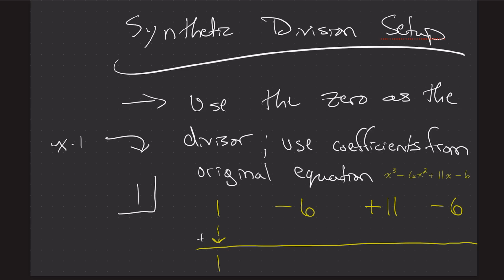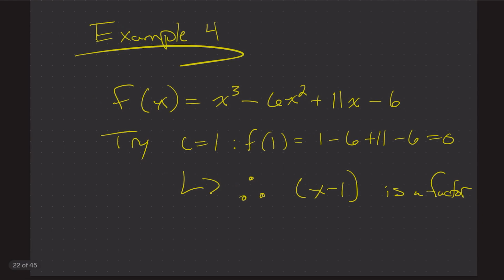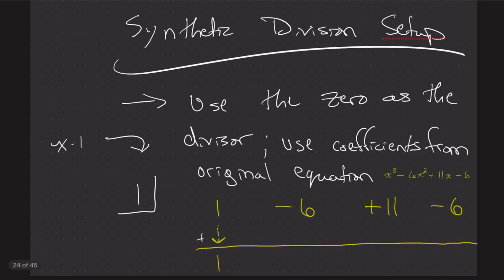So you can almost treat this area, remembering back to long division, as the quotient area, because this is going to give us the coefficients of our next equation that x minus 1 will multiply by to get to f of x in this statement. So that's what we're trying to get to by seeing what this factor multiplies to get to this original equation.